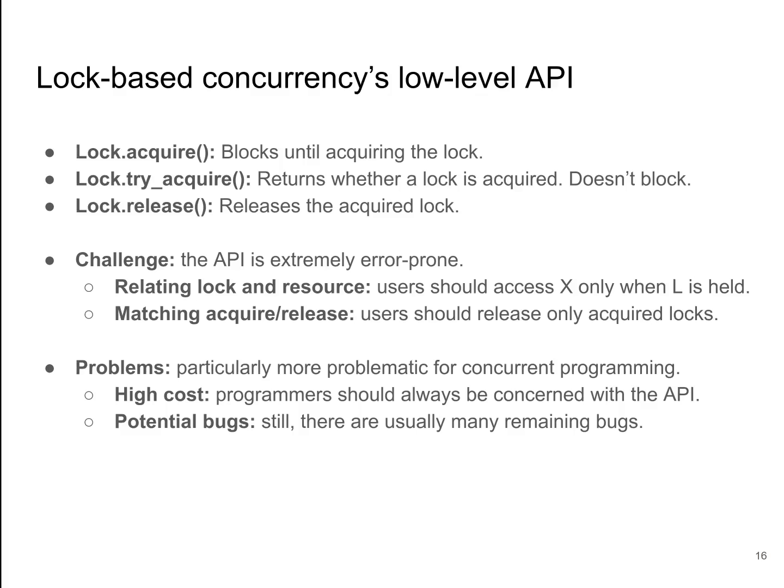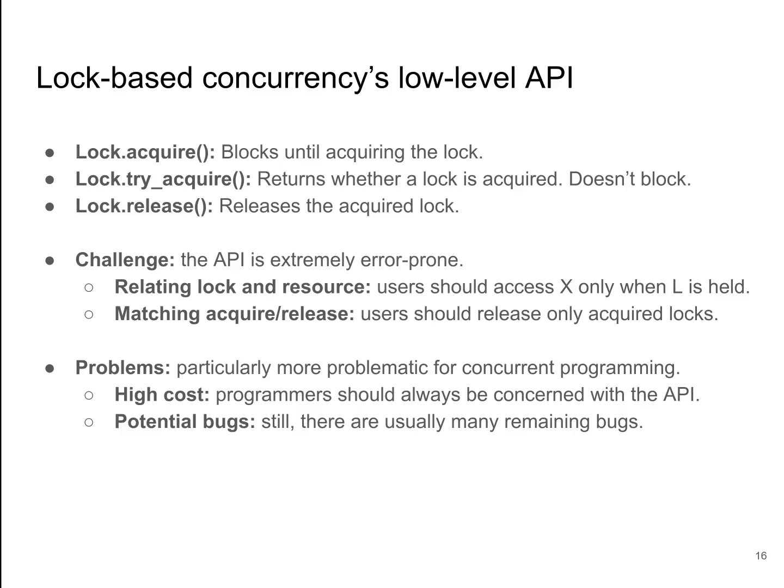And as I said, it has two APIs, and additionally it has one more API, try acquire. As I said, acquire blocks until acquiring the lock. It just waits for other threads to release the lock. And try acquire returns whether a lock is acquired. It may return false when another thread already holds the lock, and it immediately returns false.